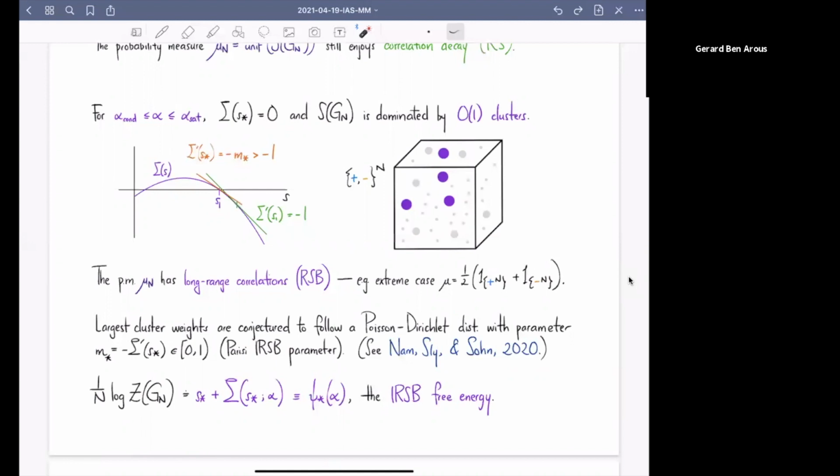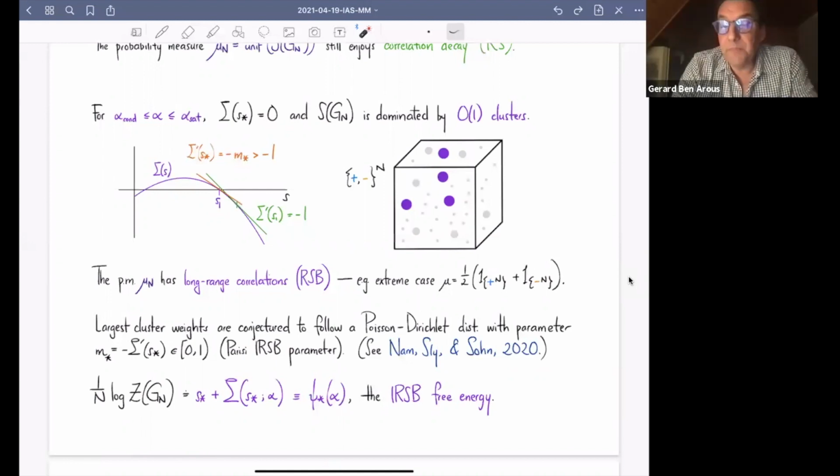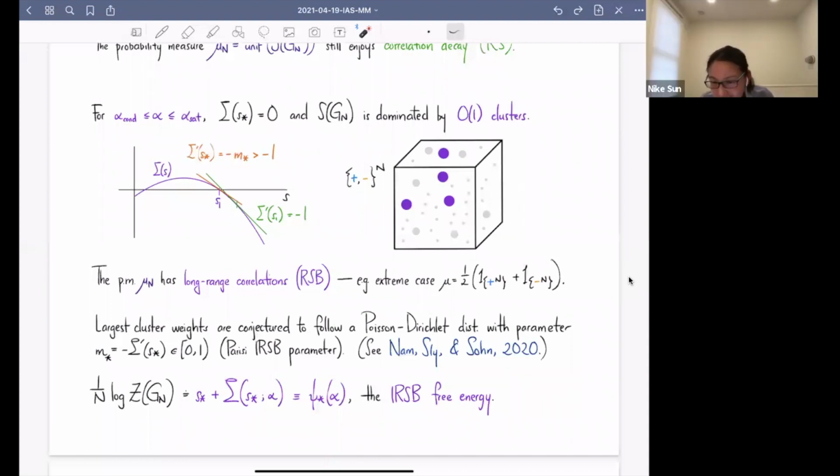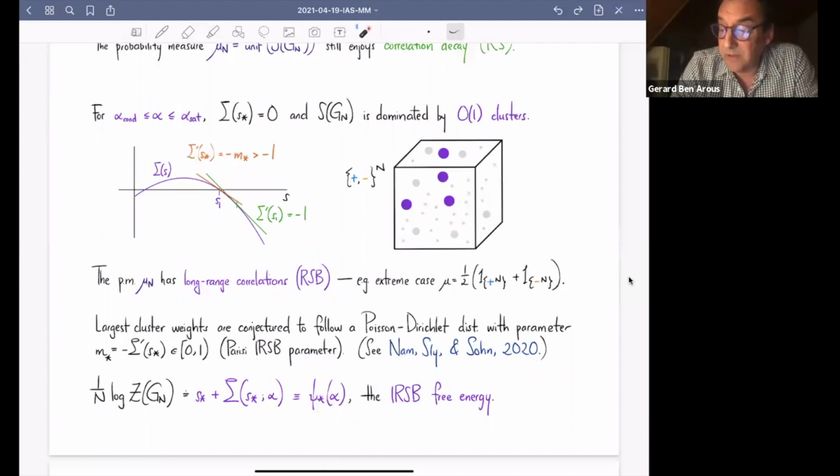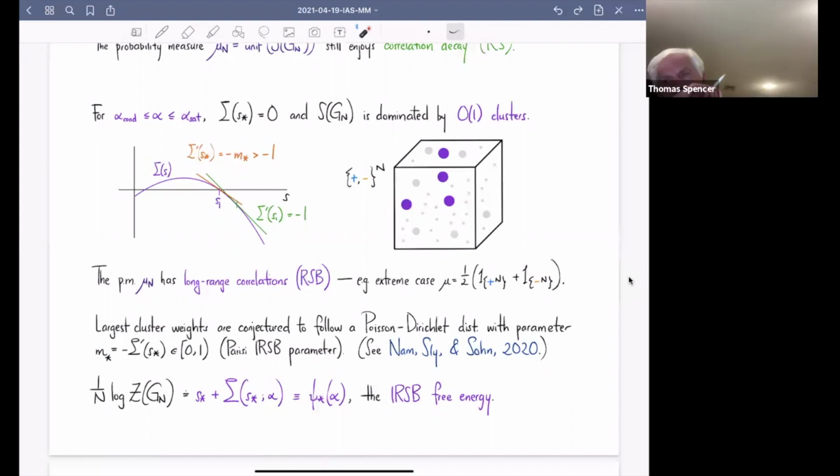If I may, for the hard p-spin at very low temperature, it won't be Poisson-Dirichlet because it's supposed to be full RSB. But for the spherical p-spin, it is. I think it is proven by the Subag result at very low temperature. I see.